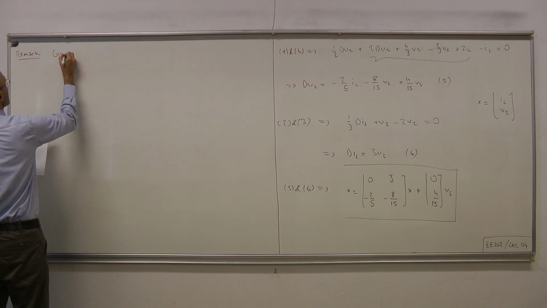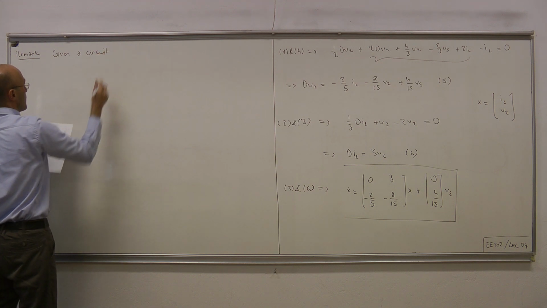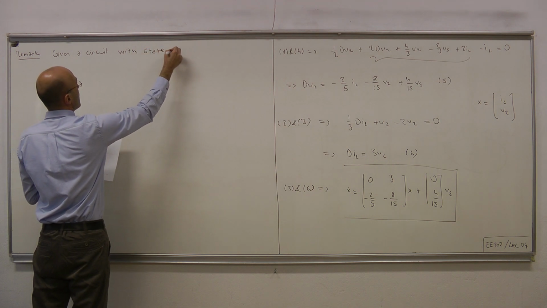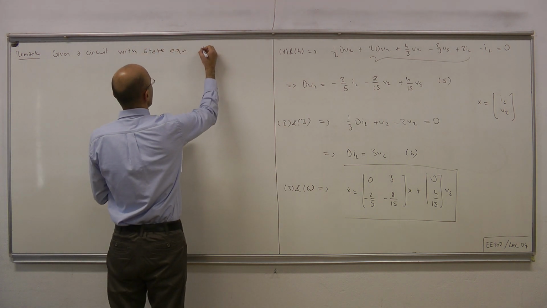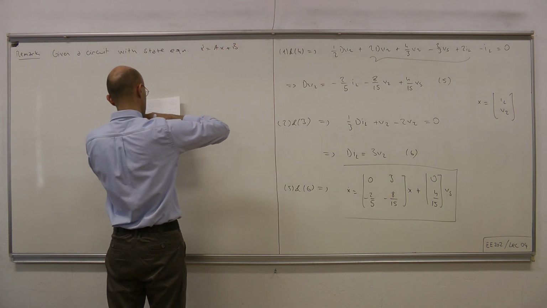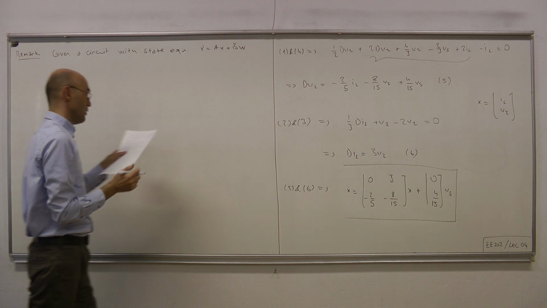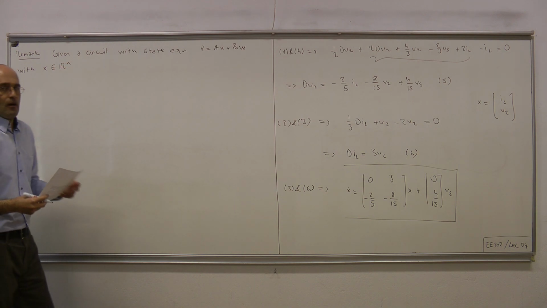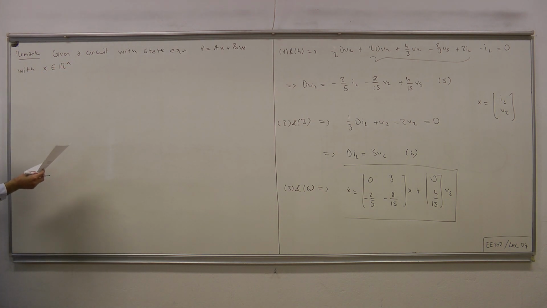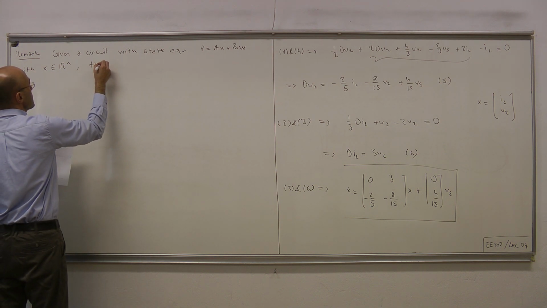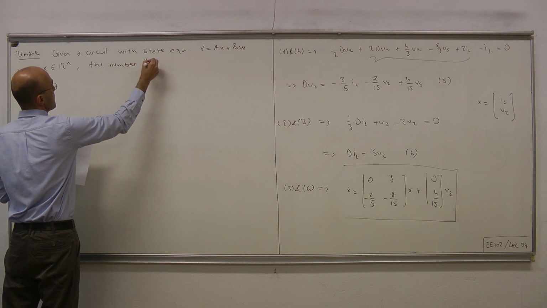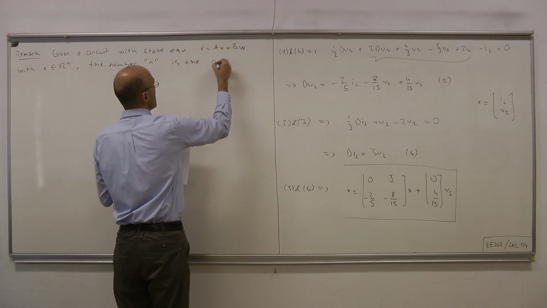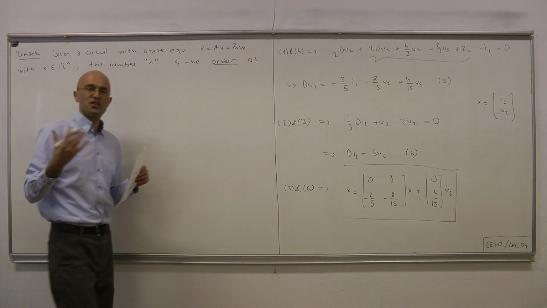Given a circuit with state equation x dot equals Ax plus Bw, with x being a vector in Rn, a vector of size n, this integer n is called the order of the system, or order of the circuit.